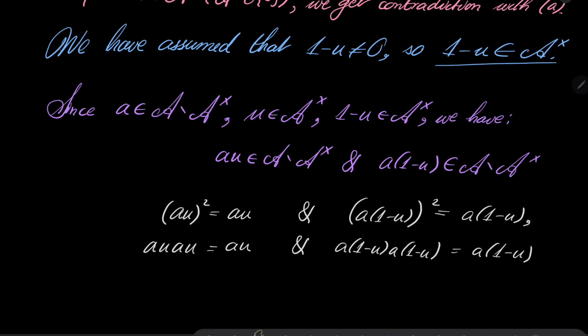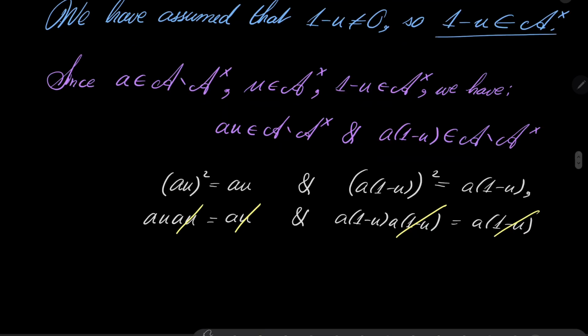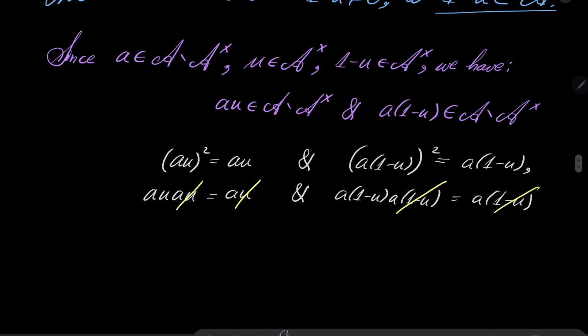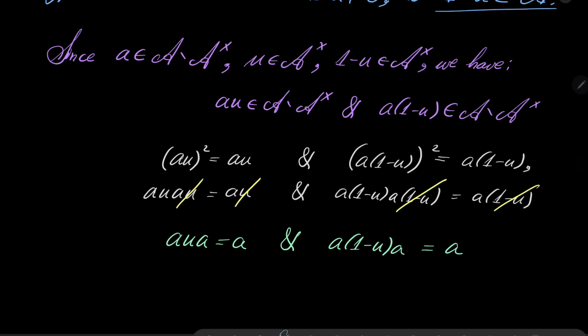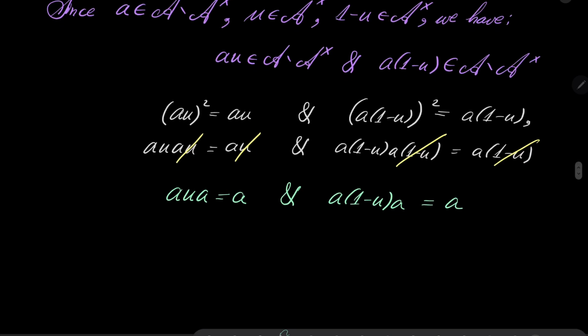And now notice the following. Since U is invertible, we can cancel this U on the right hand side. And since 1 minus U is invertible, we can cancel this as well. And we get the following. AUA equals A, and A(1 minus U)A also equals A. Let's take these two equations and add them together.